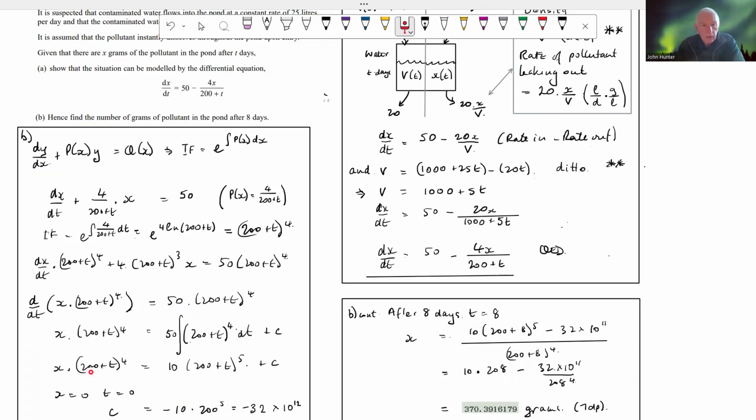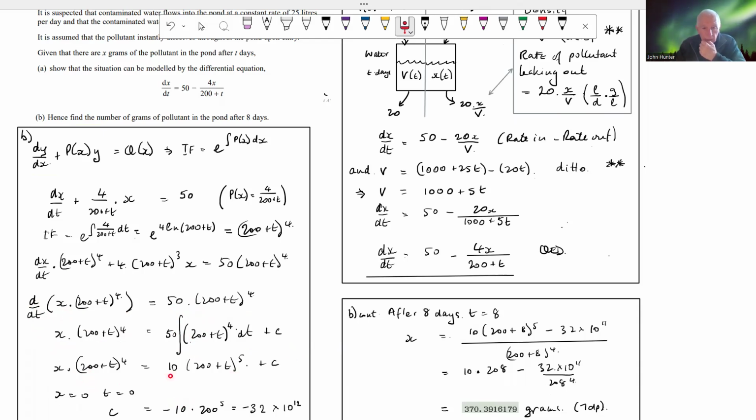Now if we integrate both sides of this, and again this is the method we use for this type of differential equation, then we're integrating the derivative, so we just end up with that term. And then we're integrating 50 times this thing here.